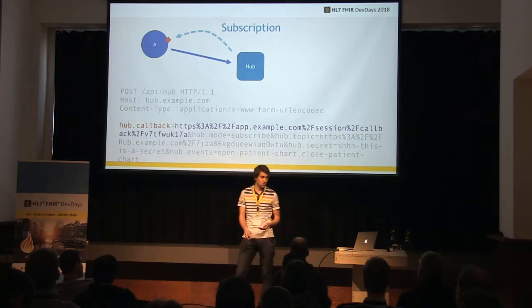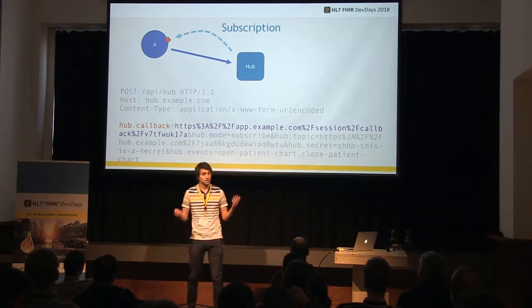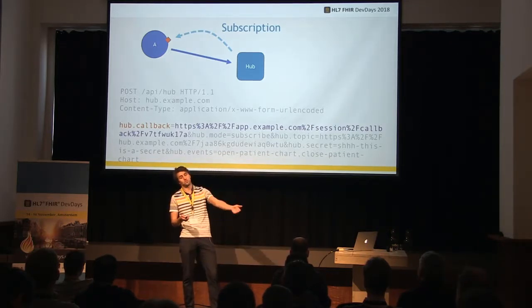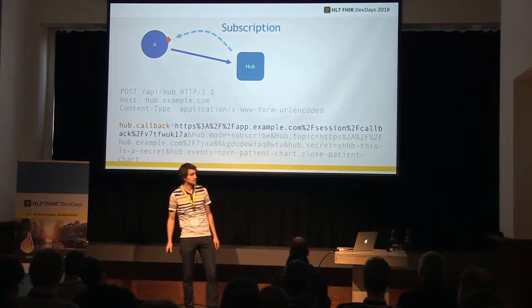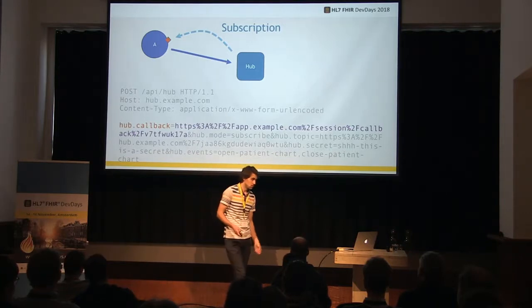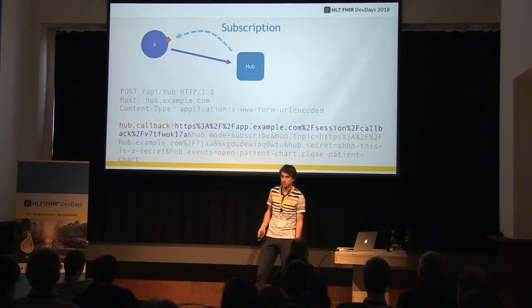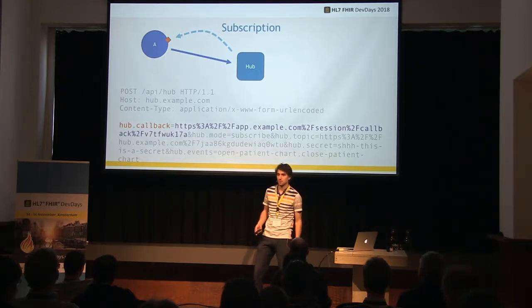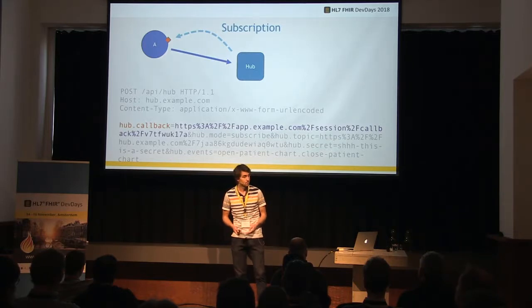So what do we have here? First of all, we have something called a callback, and it's simply a callback. The client says, here, Mr. Hub, when you have something for me, this is where you can reach me. The little dotted arrow there is somewhere in the future, when the hub is telling client A that something happened.